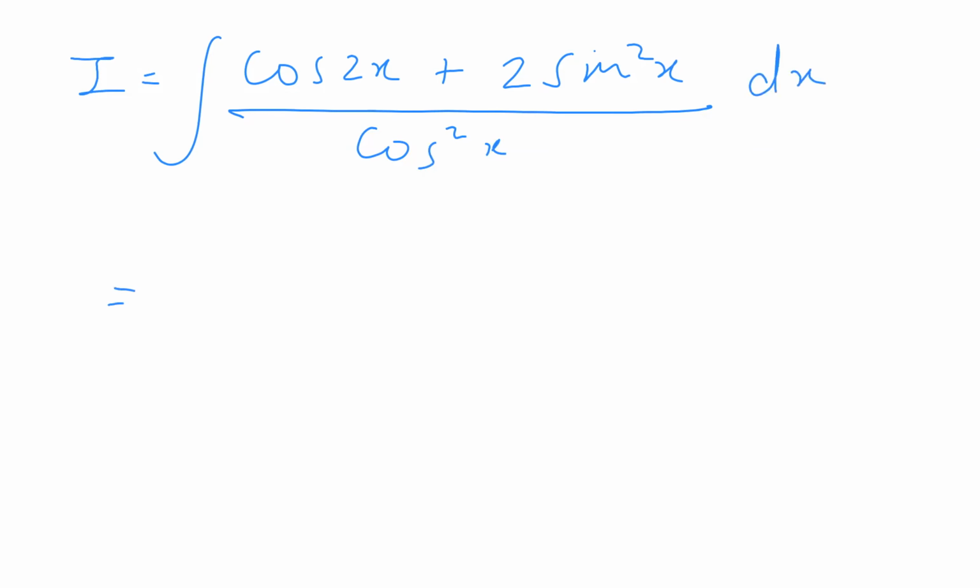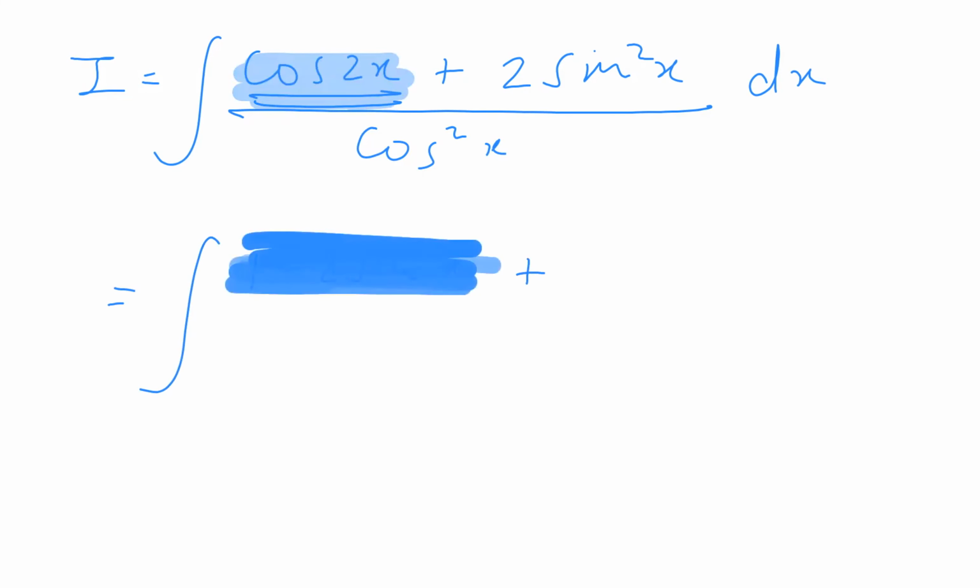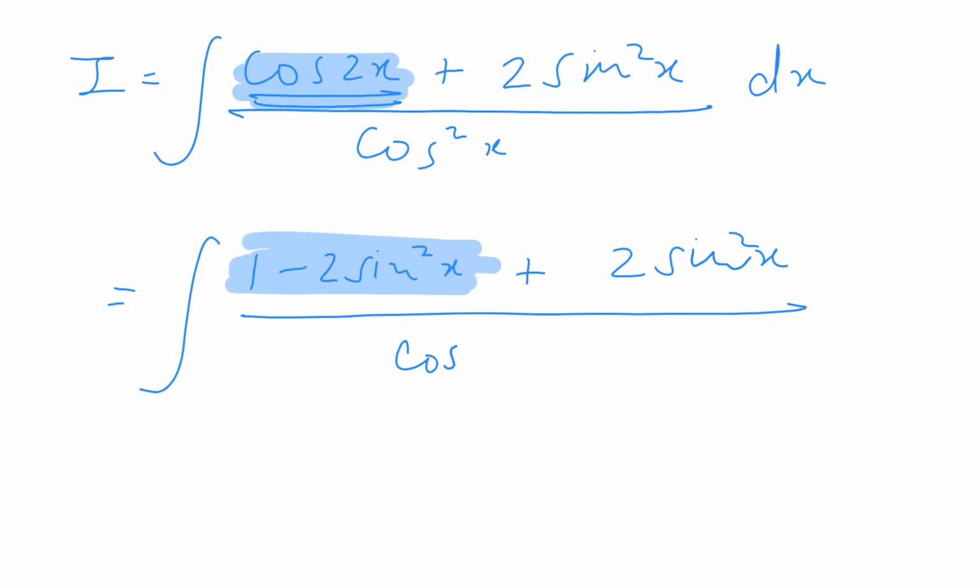Now cos 2x, I have given you the half angle formula. It is 1 minus 2 sine square x. Cos 2x is nothing but 1 minus 2 sine square x, right? As per the half angle formula. And this 2 sine square x, I'll just keep it as it is upon cos square x dx.